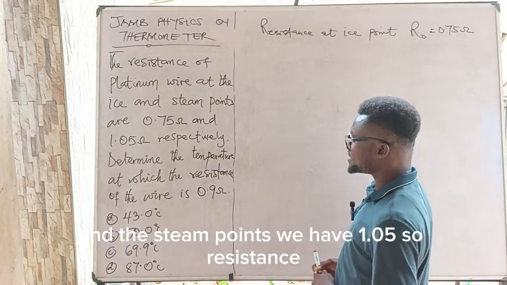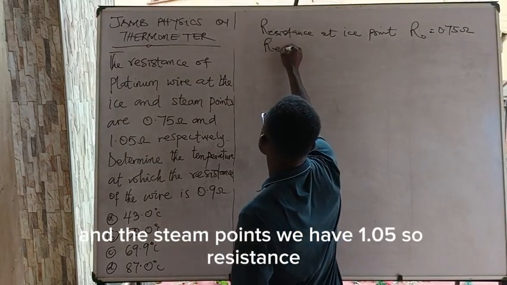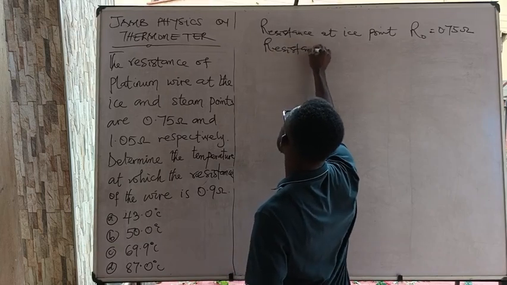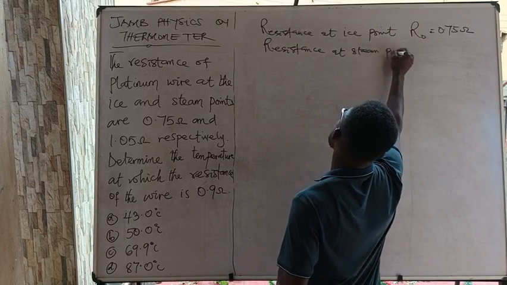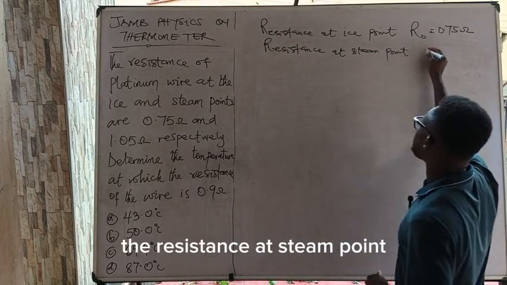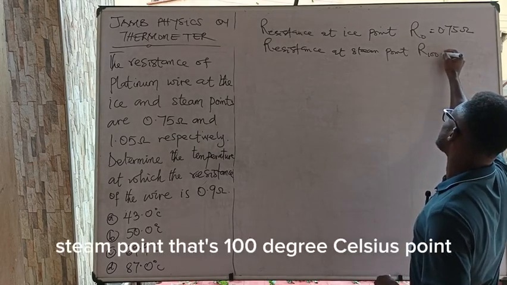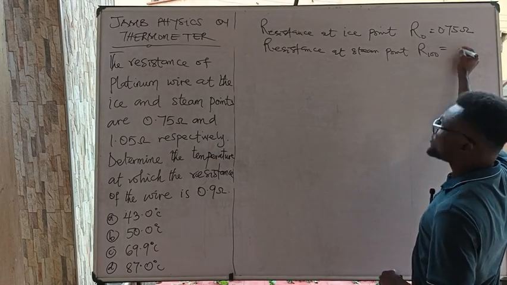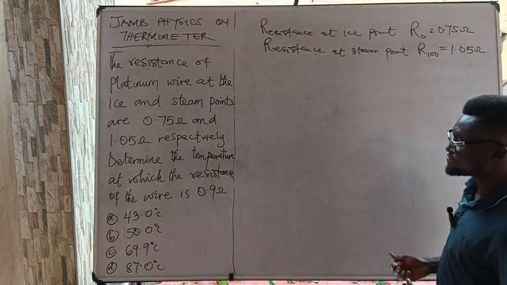And at the steam point, that's the 100 degrees Celsius point, we have it as 1.05 ohms.